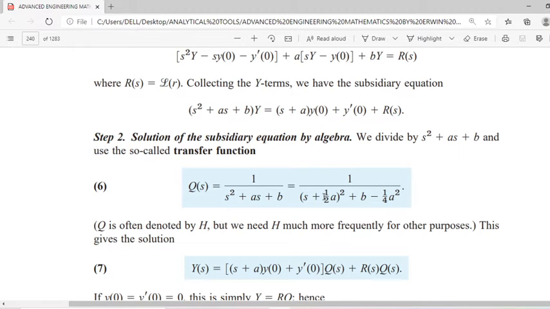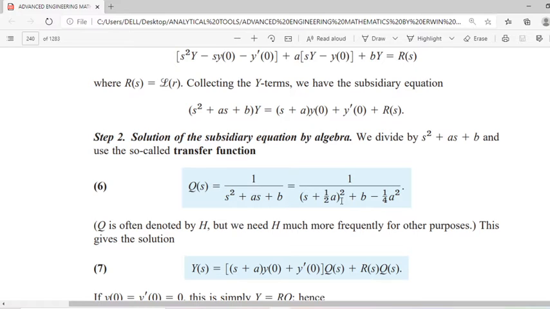The first three terms are combined together, as 2 into a by 2 into s, the 2ab form. So you will get s plus a by 2 all square, plus the remaining term b and the subtracted term, 1 by 4 into a square. So you can consider this form.